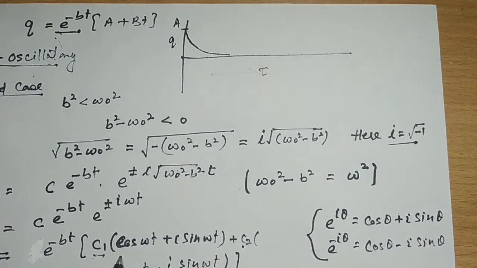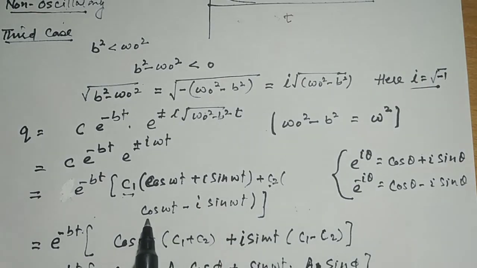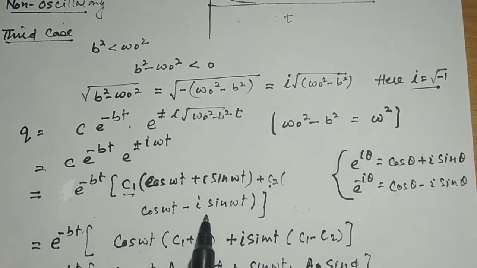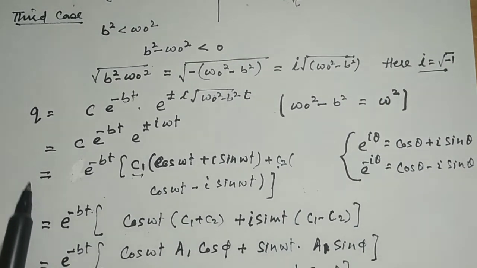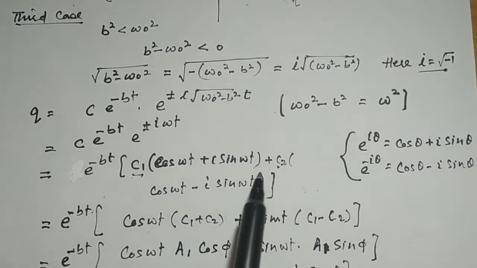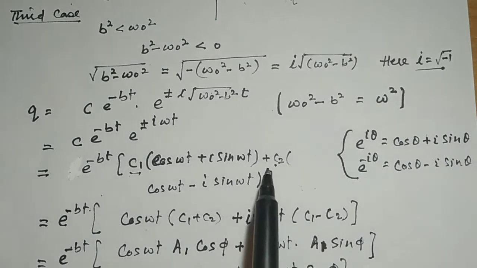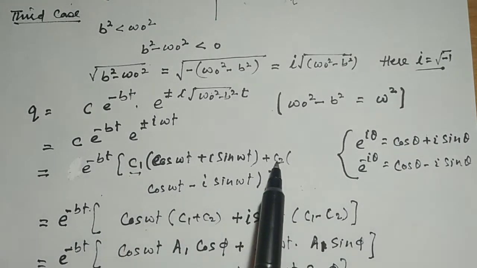If we put these values here, with C2 multiplying cos omega t minus iota sin omega t, then we get e to the minus Bt, and inside we collect the cos omega t terms, C1 from here and C2 from here, plus iota sin omega t taken common, with C1 from here and minus C2 from here.